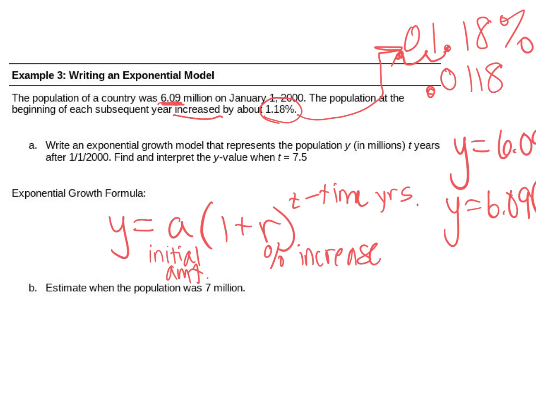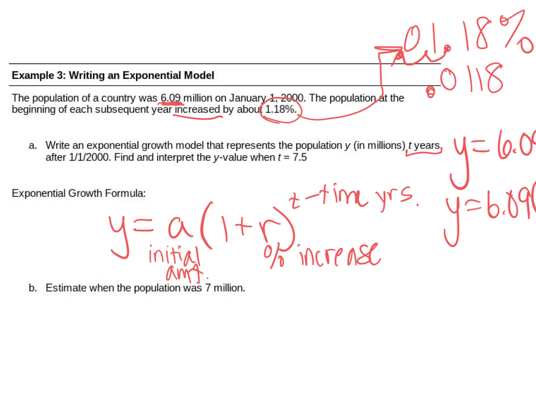There is my model. And then I can go ahead and add that together. There we go. This one says 1.18. I forgot a 1. There we go. All right, there's my model. So now they want me to find and interpret the Y value when T is 7.5. So right here, this represents the population T years after January 1st of 2000. So that would be 7.5 years after that year.